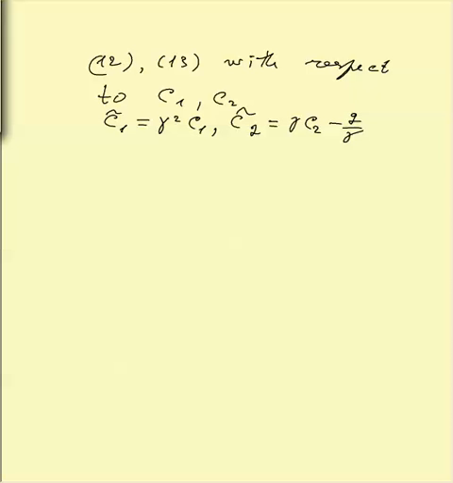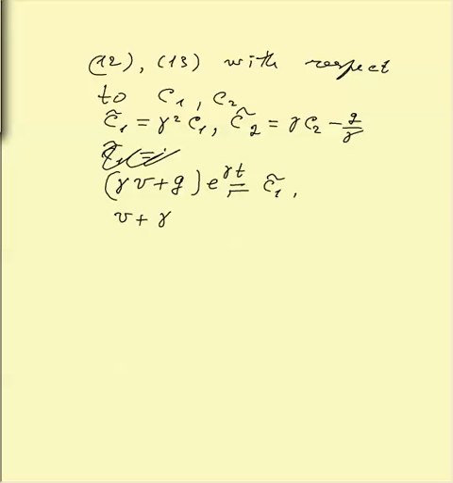the following conservation laws. C1 tilde equals gamma times v plus g multiplied by exponent of gamma t, and v plus gamma x plus g t equals C2.